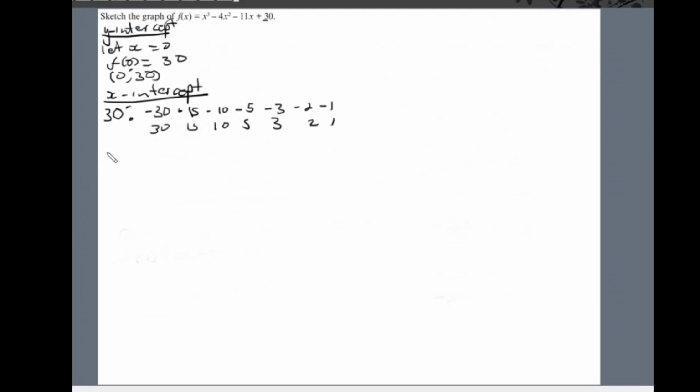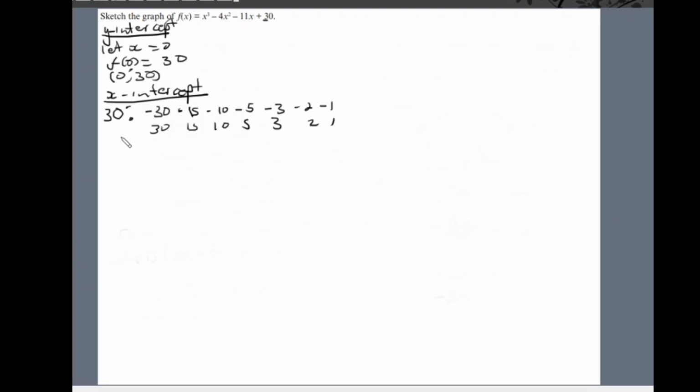Because it's time consuming to substitute each and every one of them, I'll go to my calculator and press mode setup, and then I will choose option 3, which is for creating a table. I will have a table for f of x, where f of x equals x cubed minus 4x squared minus 11x plus 30, right?